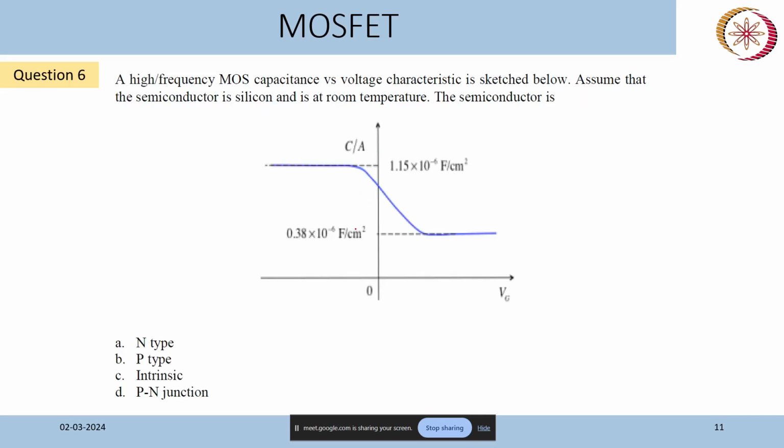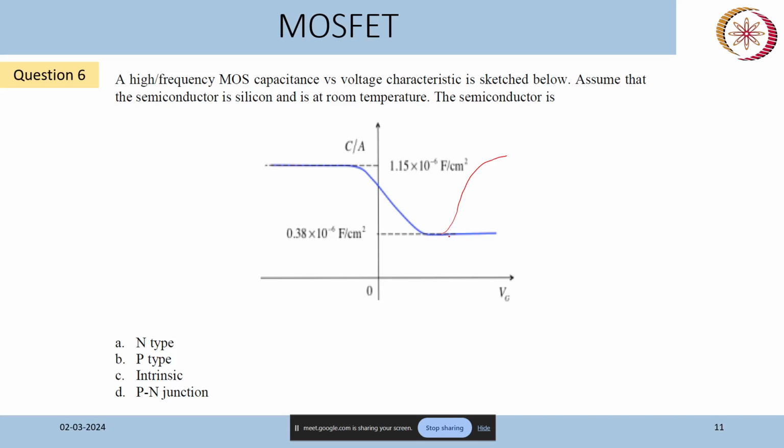By looking at this, we can say that it is a p-type substrate, and here you can see this did not go like this. So it is a high frequency measurement because it did not get enough time to create the inversion charge, and so the capacitance actually rises.